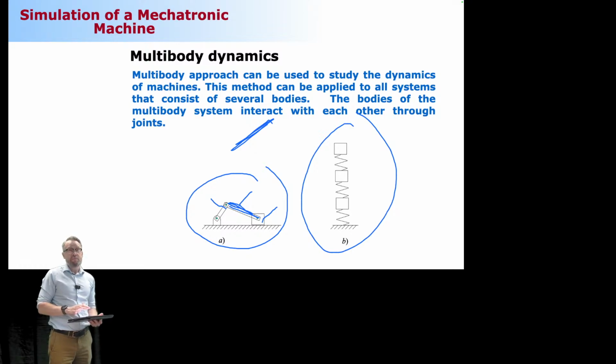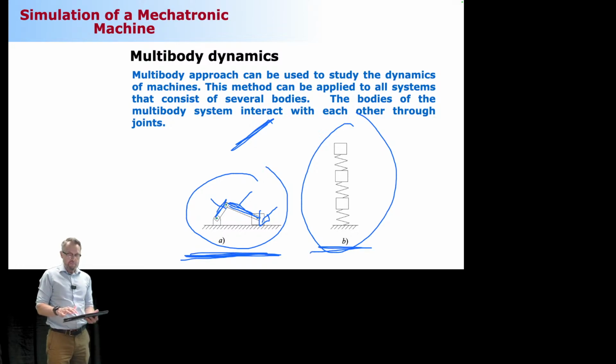If your engine is running properly, it will follow the crankshaft and piston the way these joints are asking it to follow. So this is a multi-body system. This other one is not, because although there are multiple bodies, body 1, 2, and 3, they are connected together via a spring, which is a force element. A joint is something stronger than any of these spring elements.